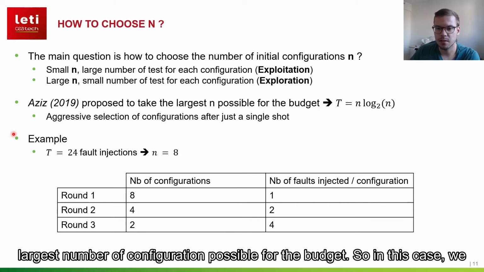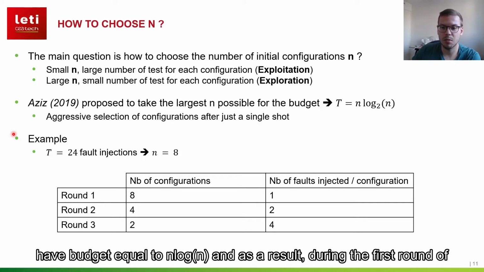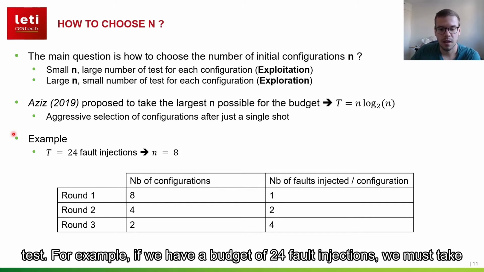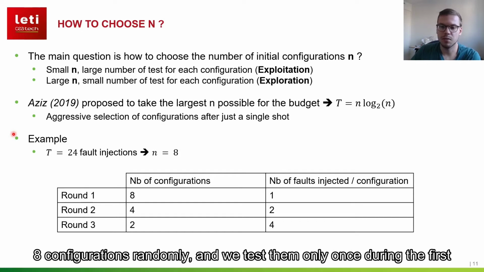In that case, we have a budget equal to n log n, and as a result, during the first round of this algorithm, we will aggressively select configurations after just a single test. For example, if we have a budget of 24 fault injections, we take 8 configurations randomly, and we test them only once during the first round.